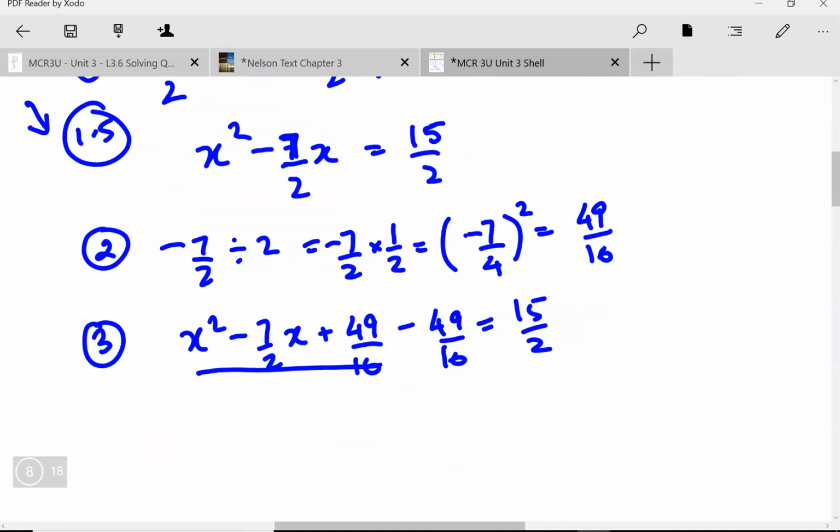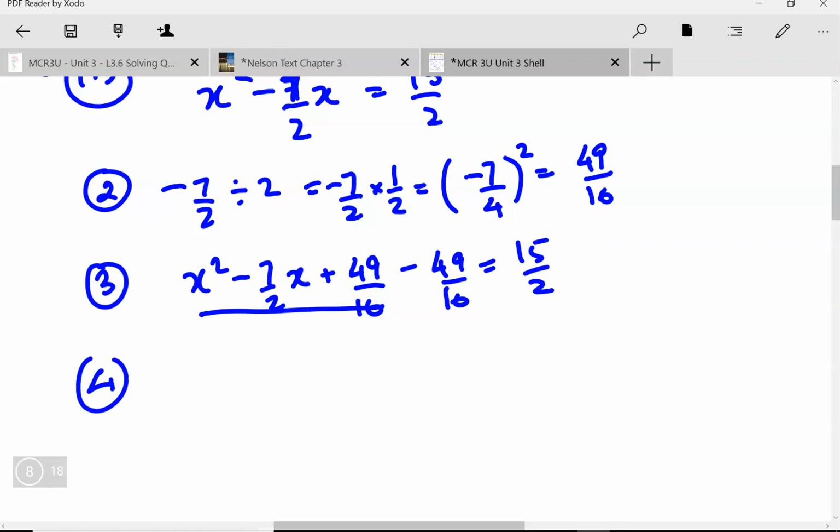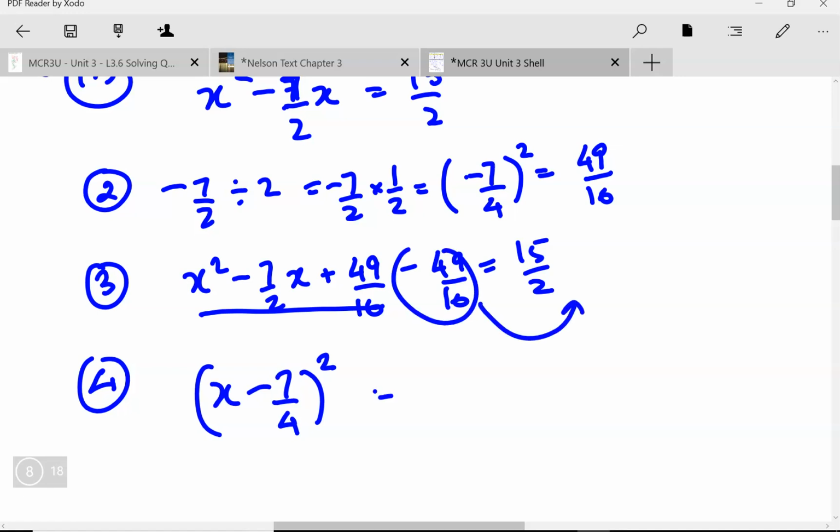These three terms are going to complete the square for me: x minus 7 over 4 squared. And I'm going to move this 49 over 16 to the other side: 15 over 2 plus 49 over 16.